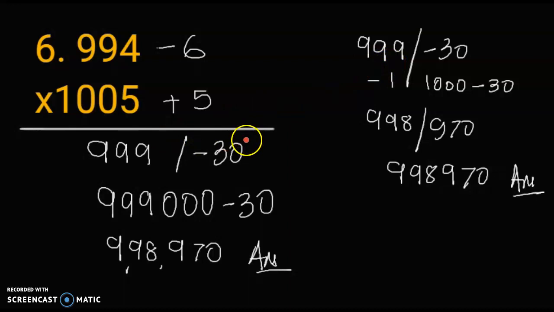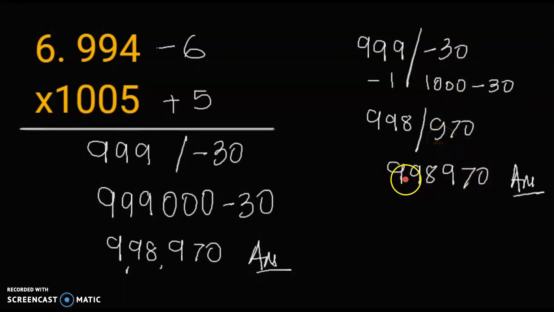999. This part I have taken over here, 999 and minus 30, so subtract 1. Second method is always subtract 1 from the left hand side, so that gives you 998, and the 1 when goes to right hand side becomes 1 times base, so 1000 minus 30 gives you 970.